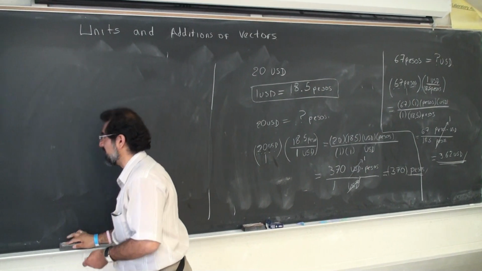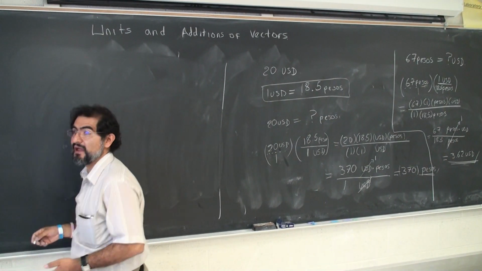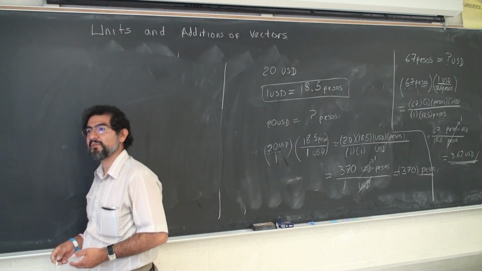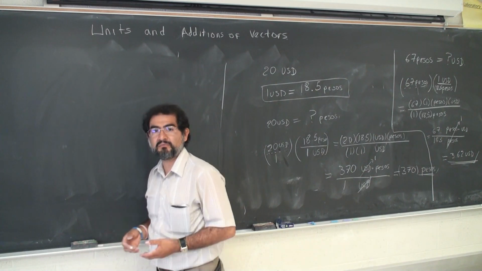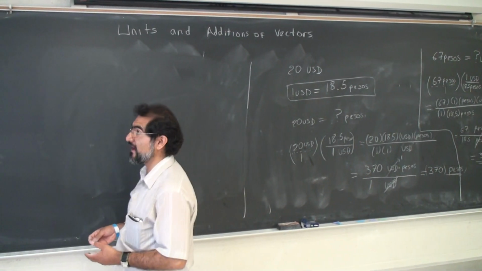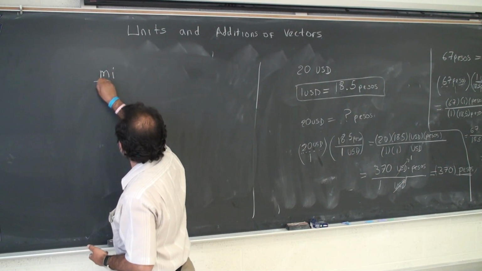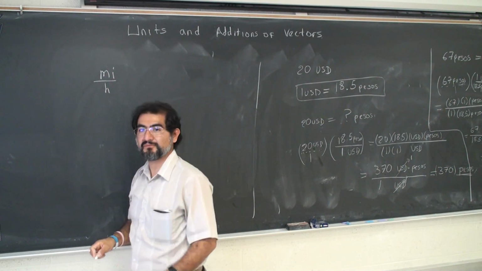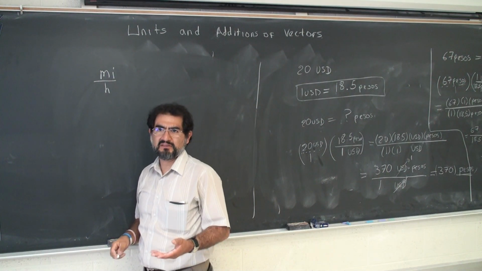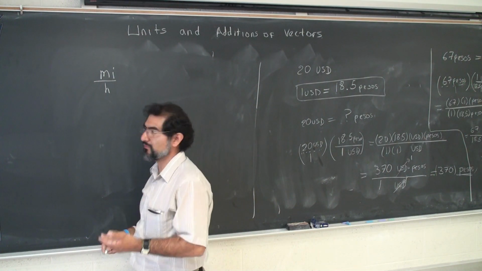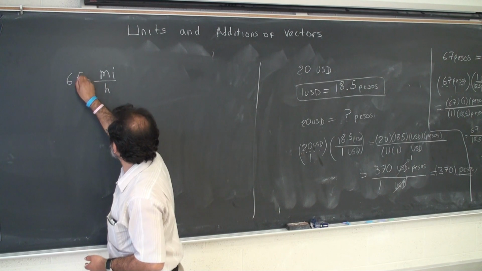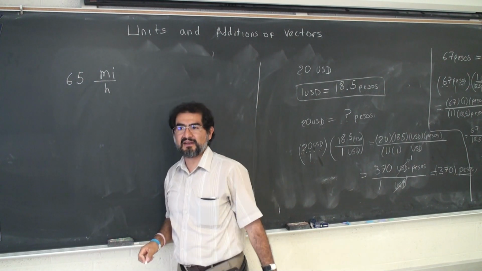Something that we are going to find is very common: in the driving system of America, we are going to find a speed limit in miles per hour. The speed limit that we have here in Las Cruces on the freeway is around 65 miles an hour.